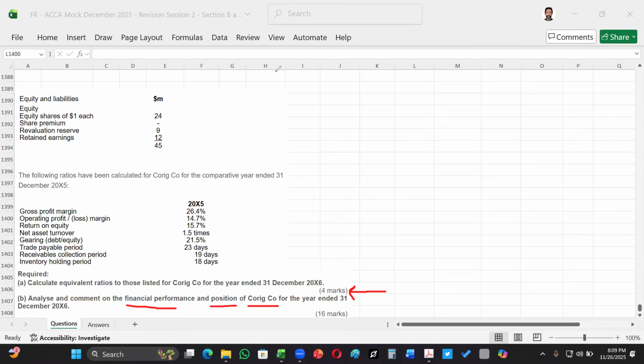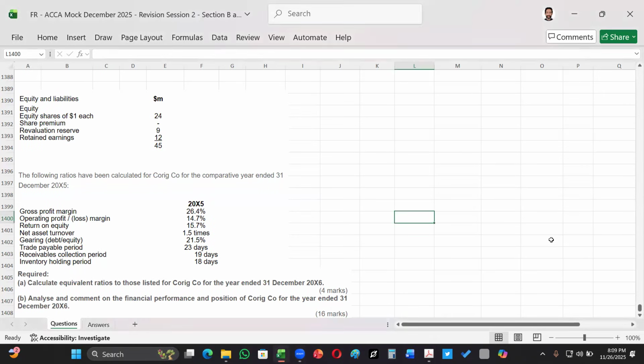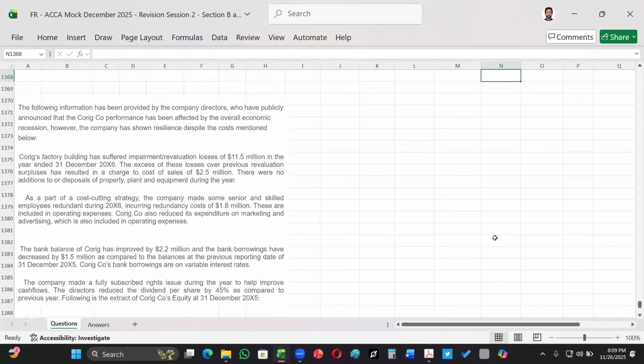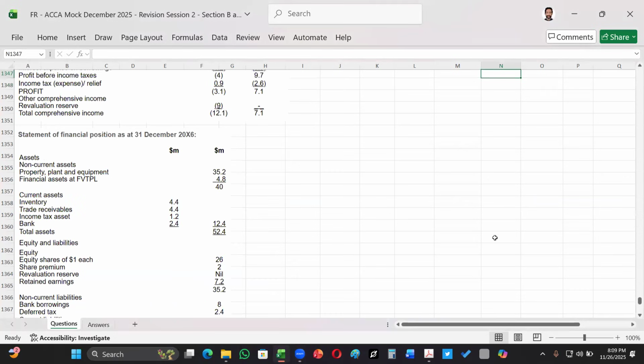Okay, let me just go through the question and understand. We see that the lower marks are number crunching, and the major marks are the theoretical interpretation points. So let's clear the drawings first, and let's look at the circumstances of this business. What are the circumstances, what have they been going through, and so on.